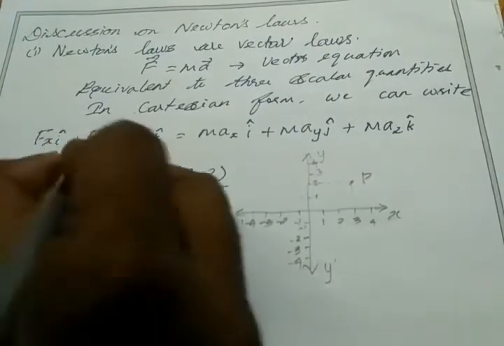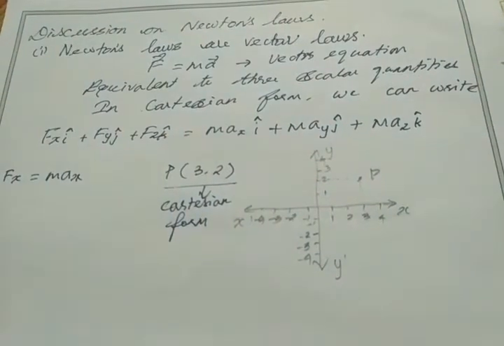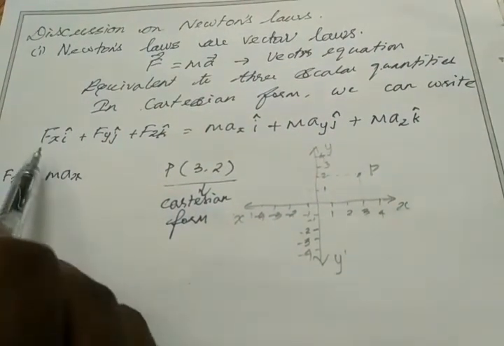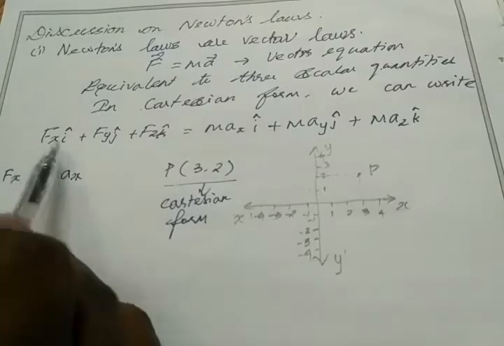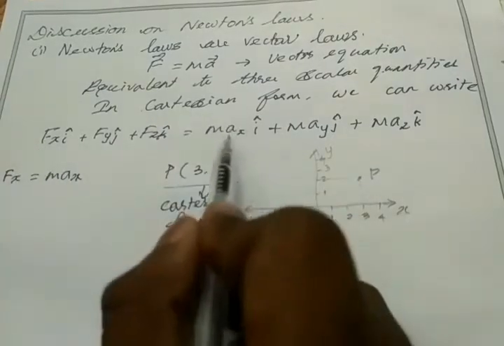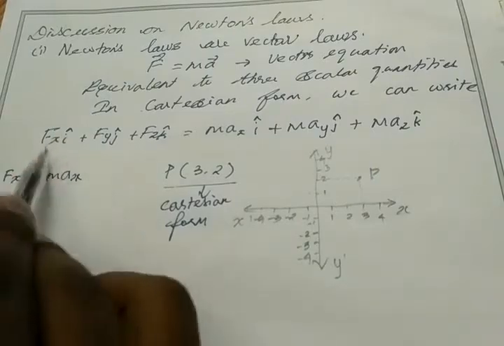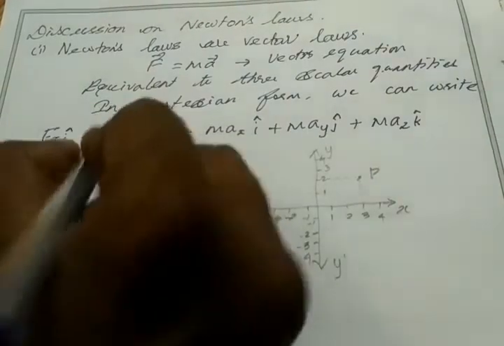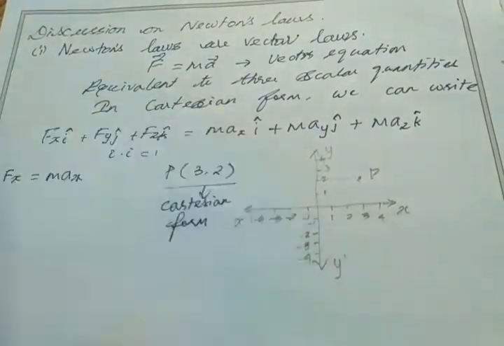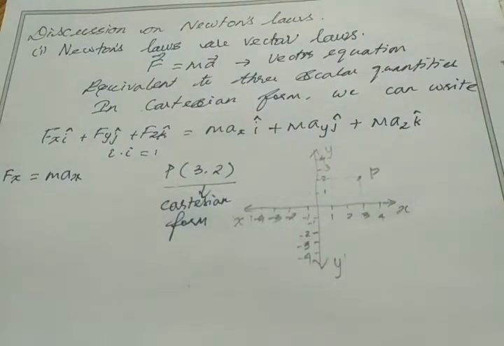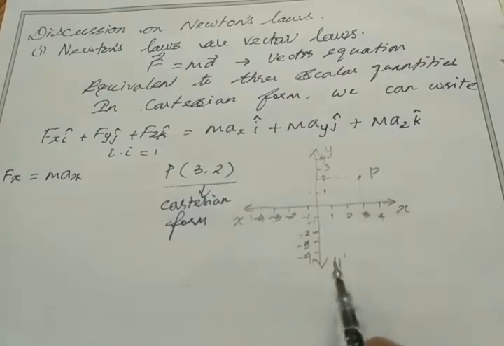If you combine these two equations, we get Fx equal to max by simple multiplication. Here we have the x component of force, and here mass into acceleration in the x-axis. Combining them, i dot i equals 1, a simple scalar product. i denotes the x-axis.